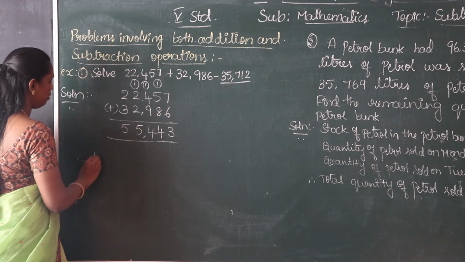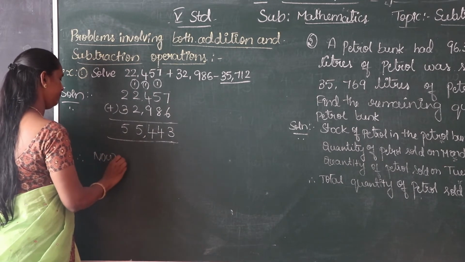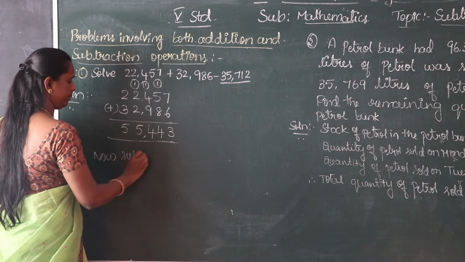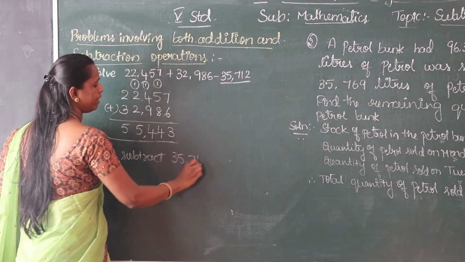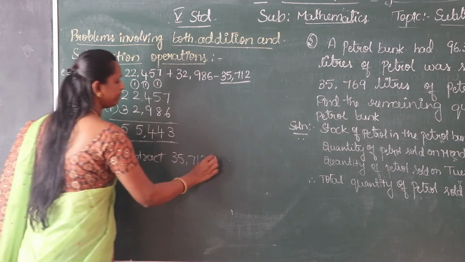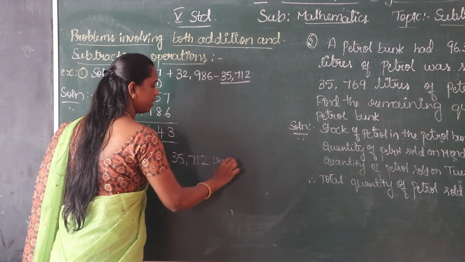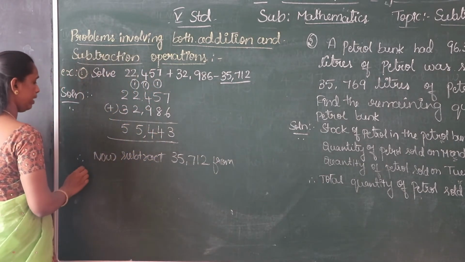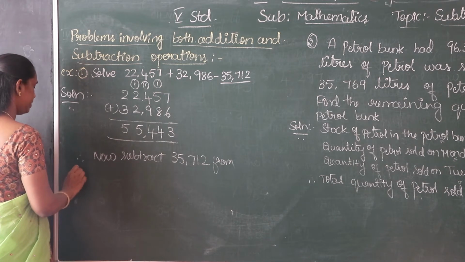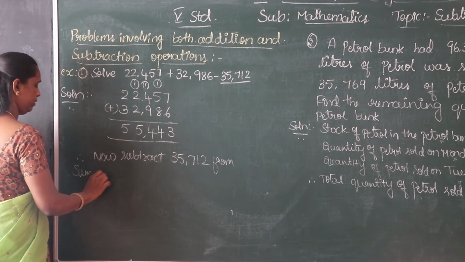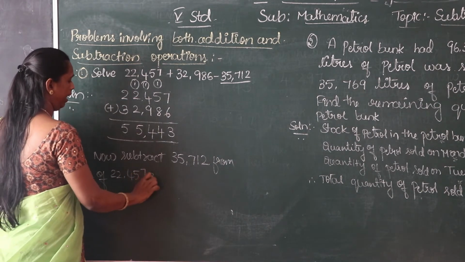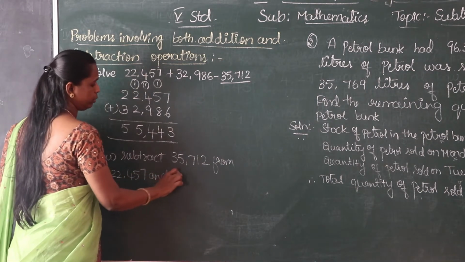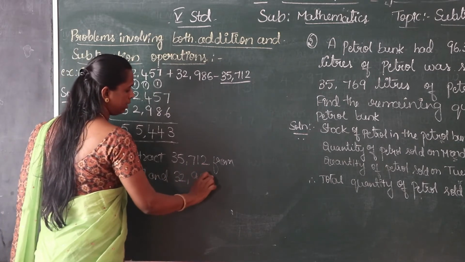Therefore, now subtract 35,712 from the sum of 22,457 and 32,986.